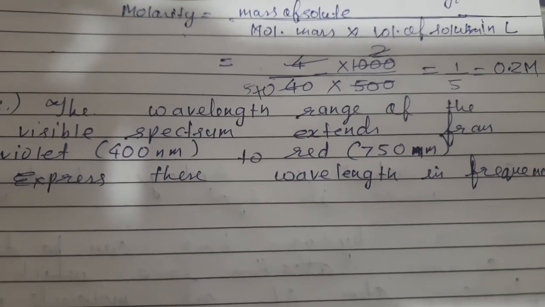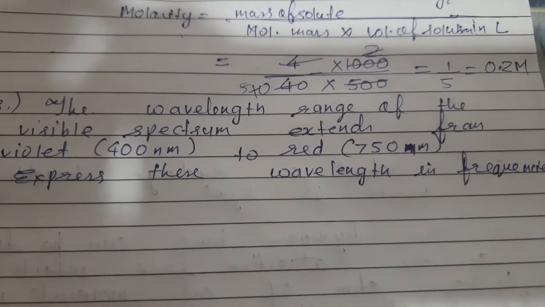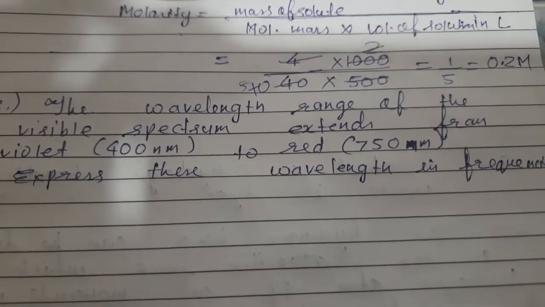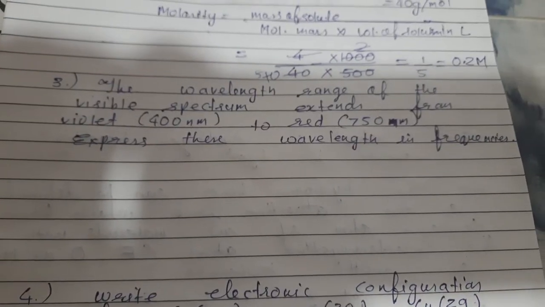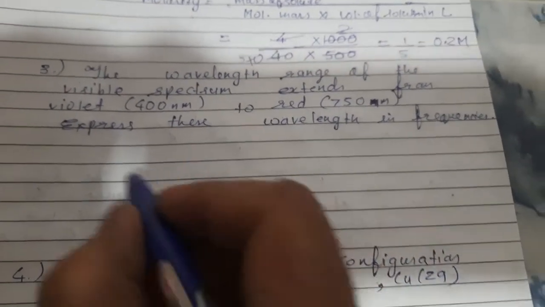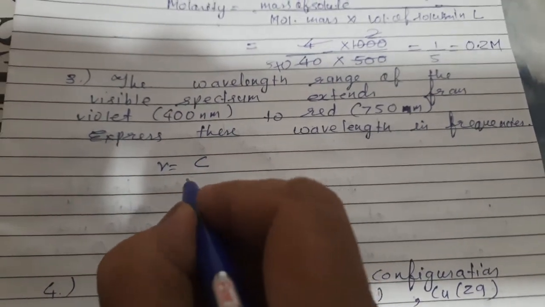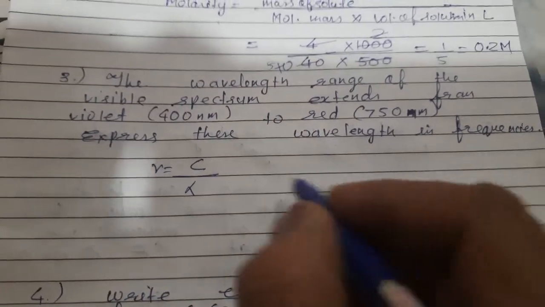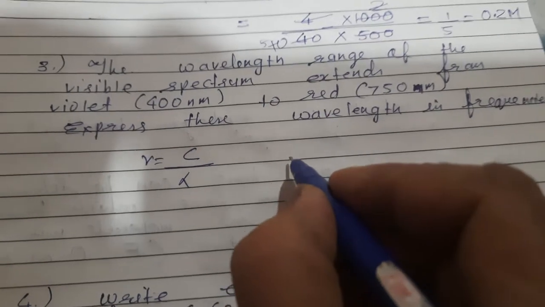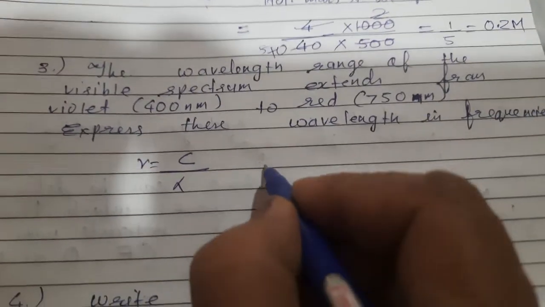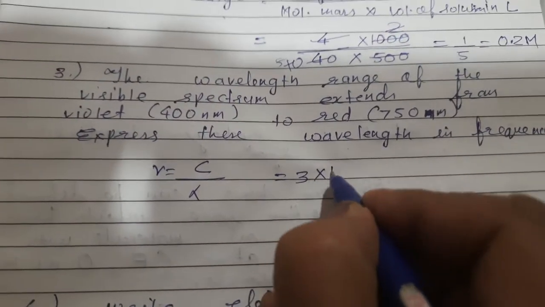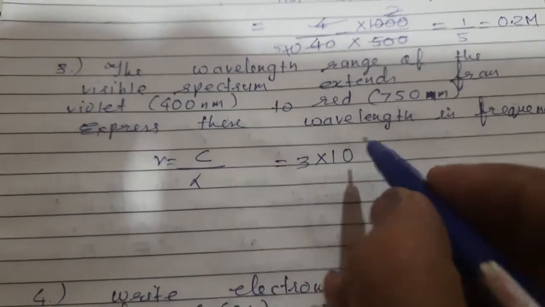C is the speed of light and lambda is the wavelength. So I will write here formula nu is equal to c by lambda, where c is equal to velocity of light. So c is equal to 3 into 10 raised to power 8 meter per second.